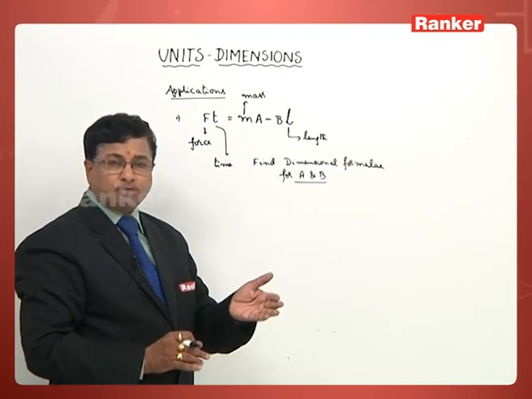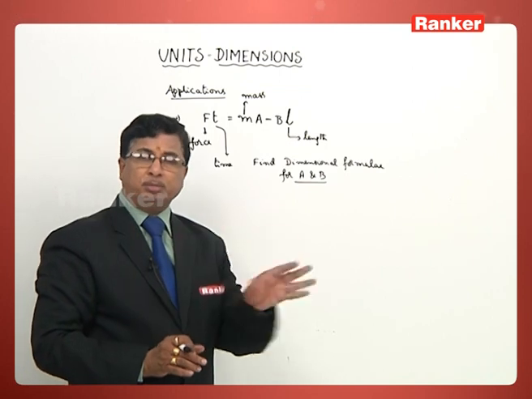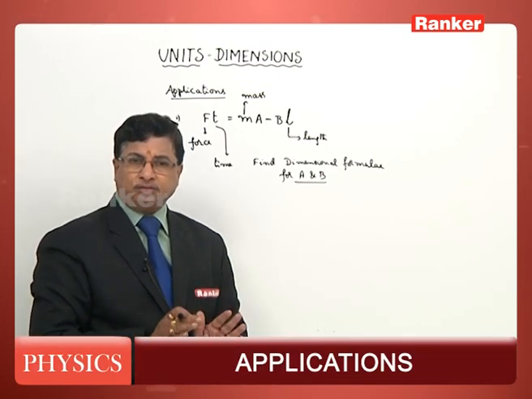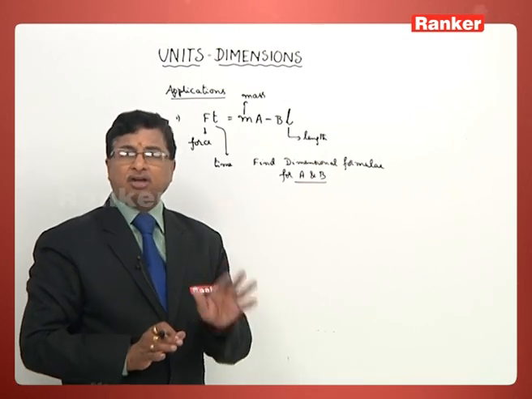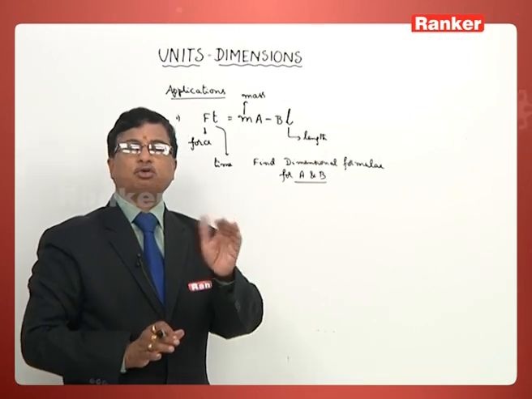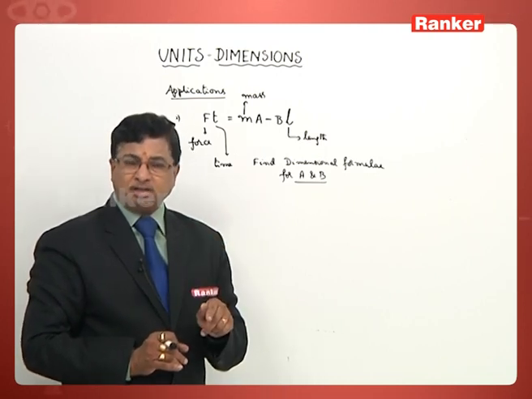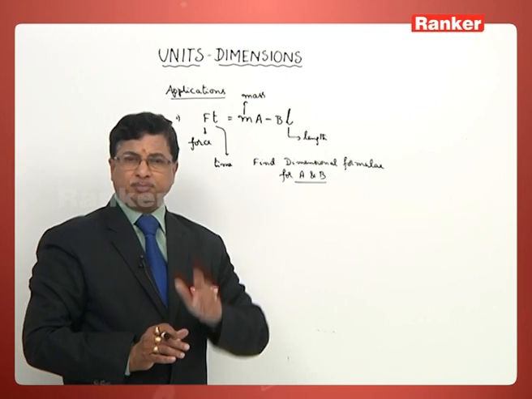But what are those two? He has not mentioned in the problem. The only thing we have been asked to do in this case is, in spite of not knowing what these two physical quantities are, to write their dimensional formulae.